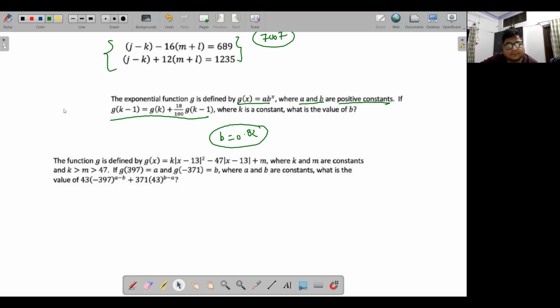Anyone can solve this? Anyone can respond to solve this question?